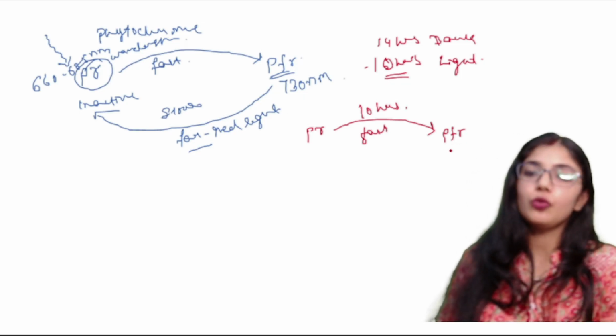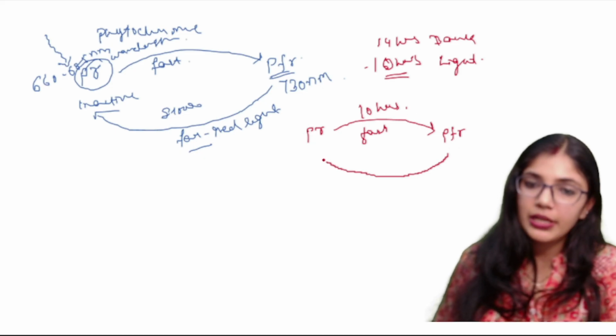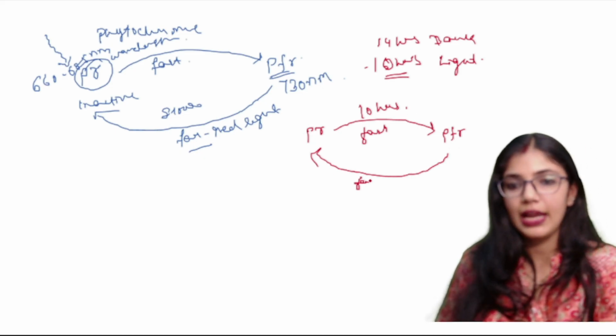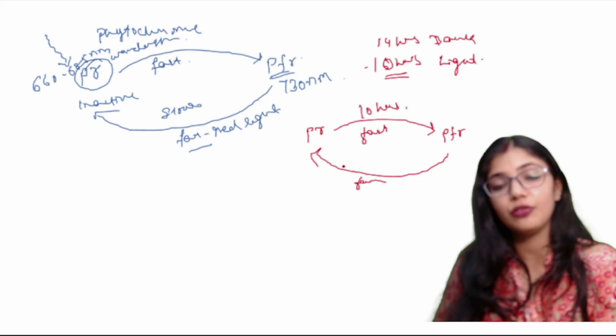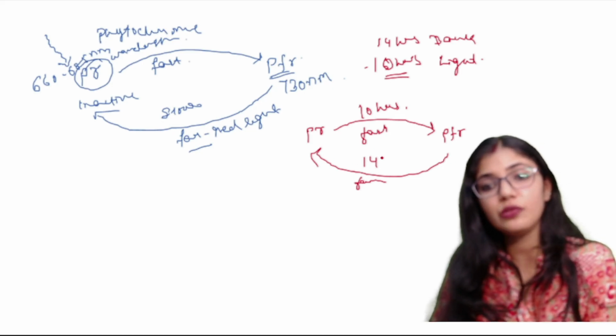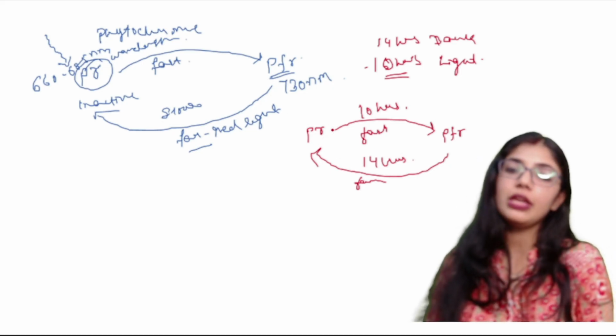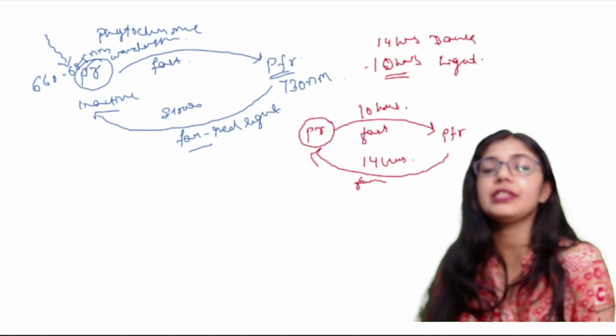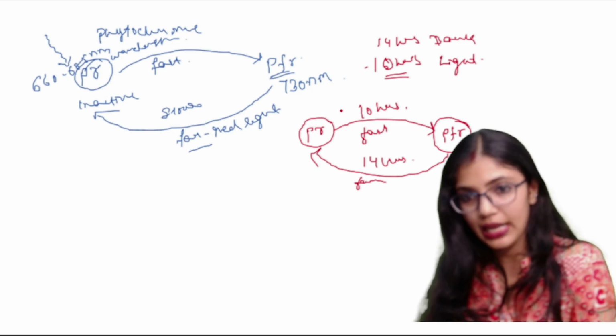Okay, so this PFR, when it receives the far red light, converts itself into the PR form, which is an inactive form, but here the amount of time present is 14 hours. So the PR form converts into PFR in 10 hours.